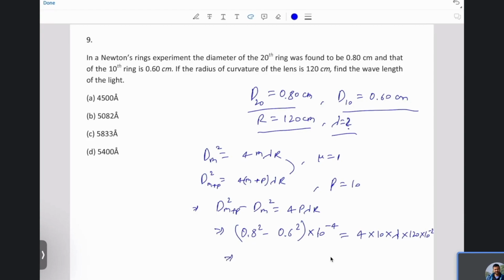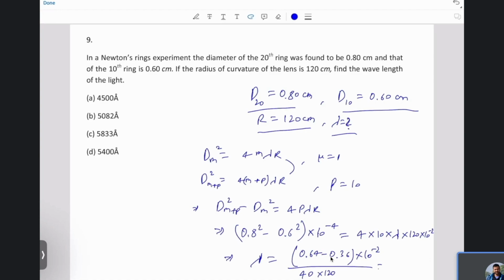So lambda will be just 0.8 square minus 0.6 square, which is 0.64 minus 0.36, and the 10 to the power minus 2 will remain by cancelling it from the other side, and in the denominator you have 40 into 120, correct?